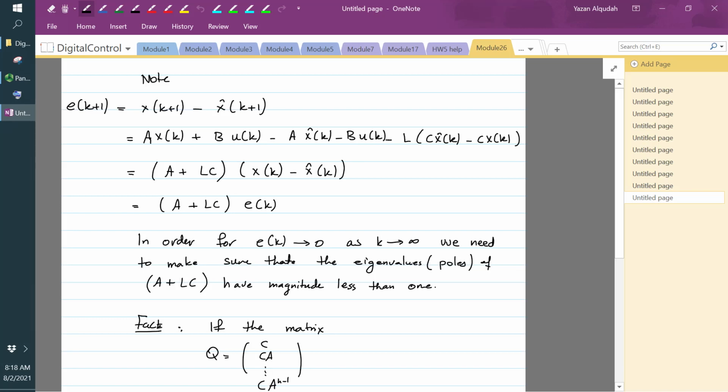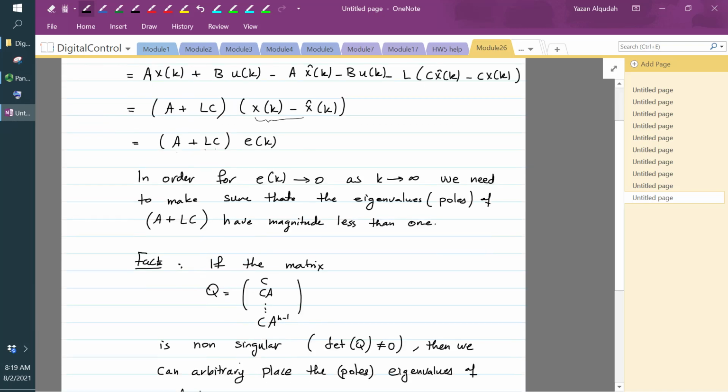I can put the terms together. e of k plus 1 is going to equal A plus LC multiplied by x of k minus x tilde. But this is nothing other than the error signal. So e of k plus 1 is equal to A plus L multiplied by C multiplied by e of k.